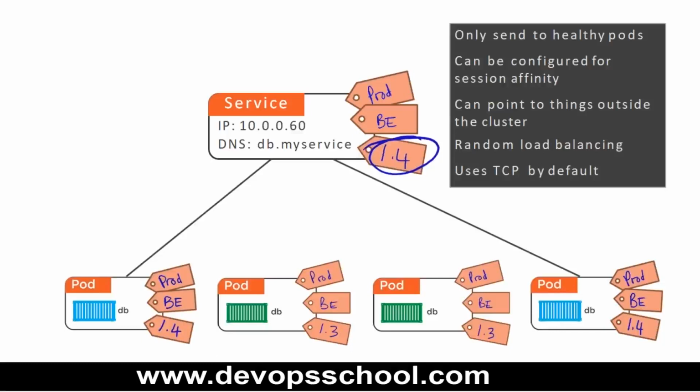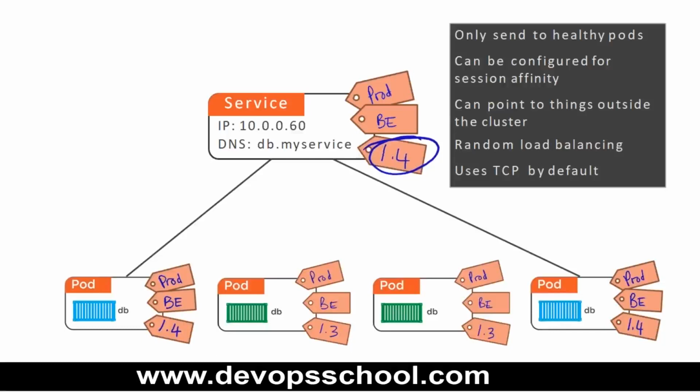Here, service is a kind of load balancer which sends the traffic only to the healthy pods. The pods which are running, they will send the traffic only to healthy pod. It can be configured for session affinity, and service can be internal and external.